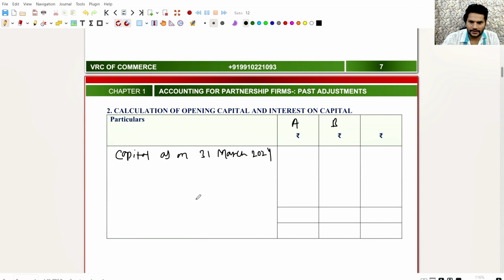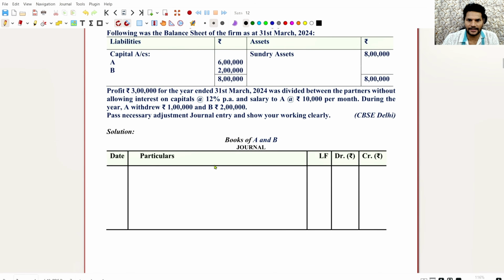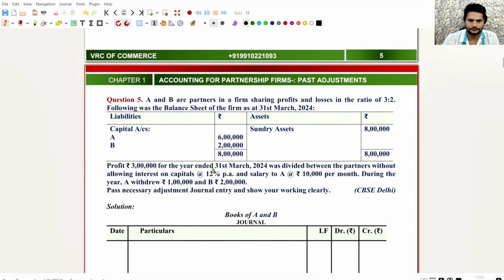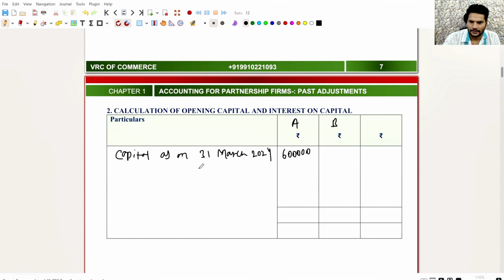So 6 lakh, and what is next? That is 2 lakh. Six lakh and 2 lakh. Again, you need to ignore the third column.